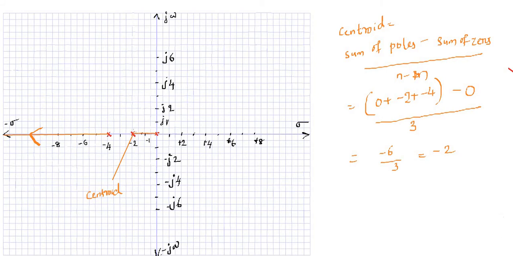So from minus 2, mark an angle, that is plus 60. Okay, so mark an angle of plus 60, that is corresponding to minus 2.